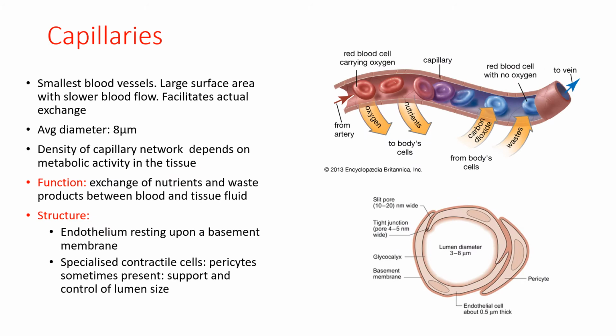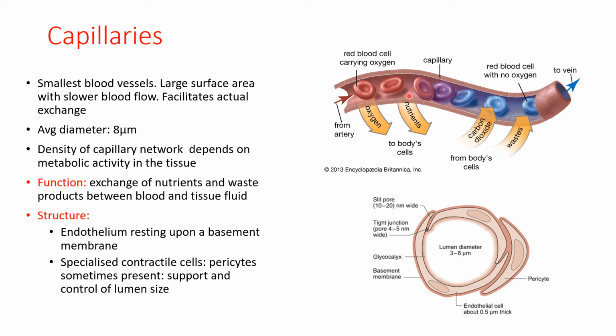Let's now discuss the capillaries. They are the smallest blood vessels. The capillary network is very large and elaborate. Thereby, it provides a large surface area and the blood flow is very sluggish in the capillaries.